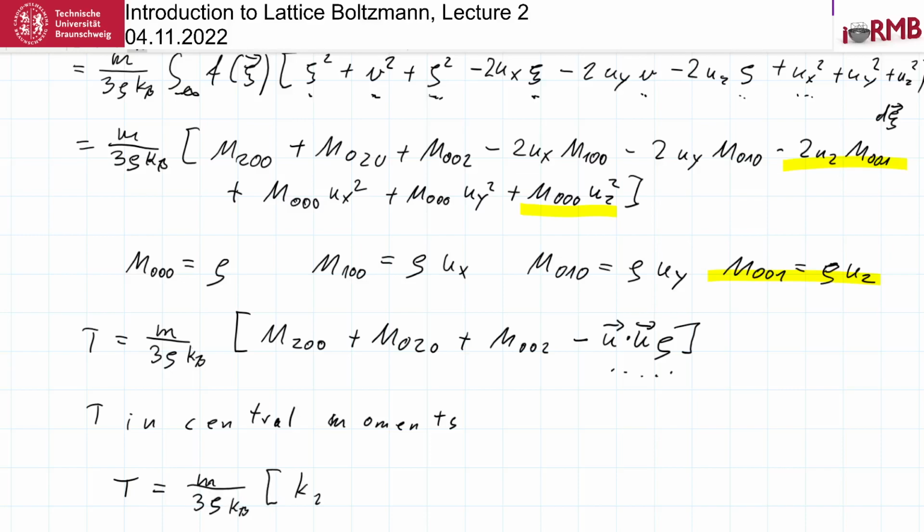Then this is K200 plus K020 plus K002, and what else? Okay, and what is the kinetic energy in the centered frame of reference? Zero, right. So that's it.